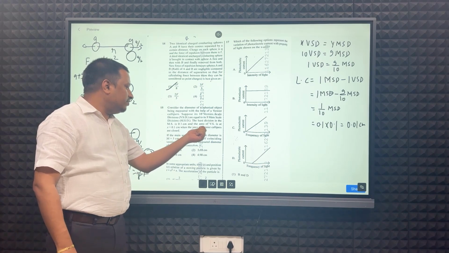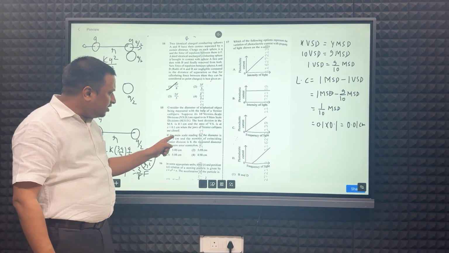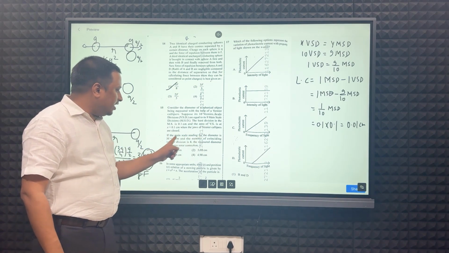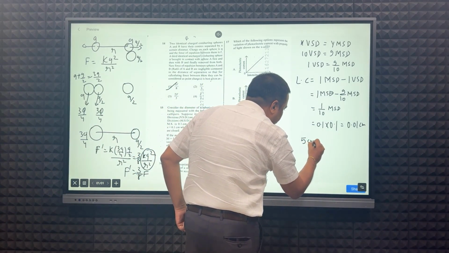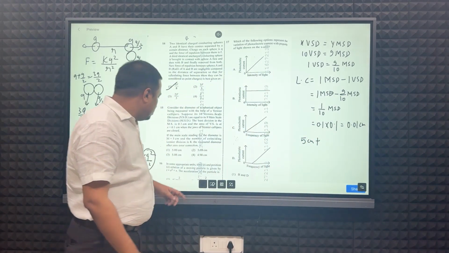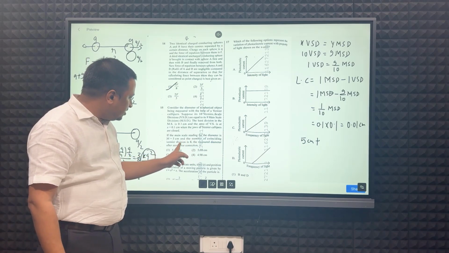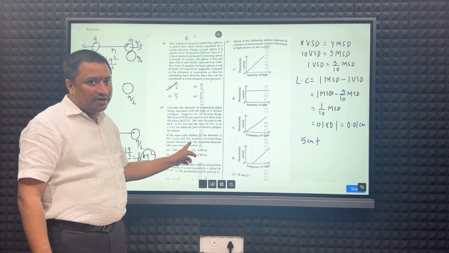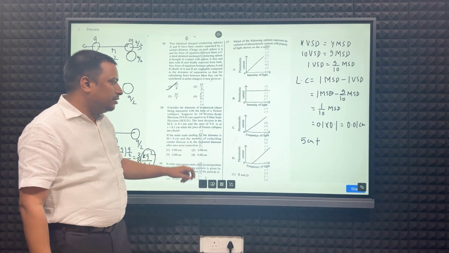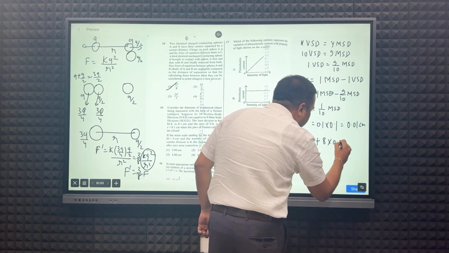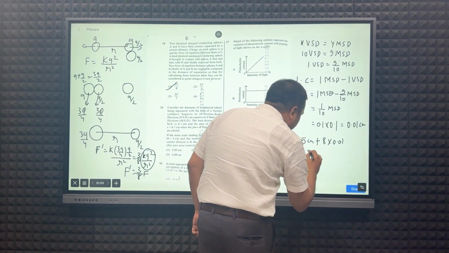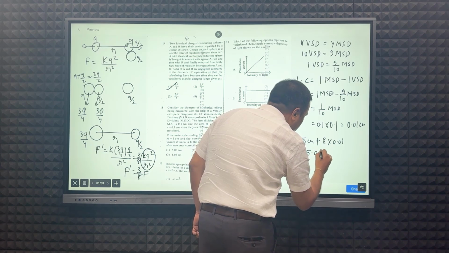When the jaws of the vernier caliper are closed, if the main scale reading of the diameter is 5 centimeter, what is the main scale reading? It is 5 centimeter plus, how much is it on the vernier scale? On the vernier scale it is coming 8. So 8 into least count. Least count is how much? 0.01. I am going to get 5.08.